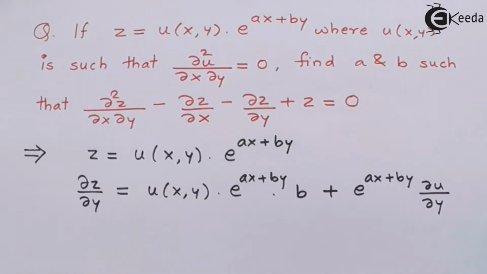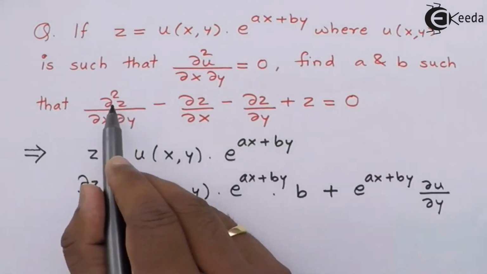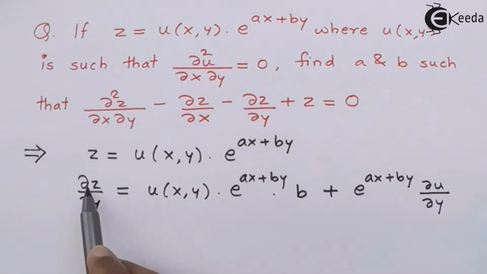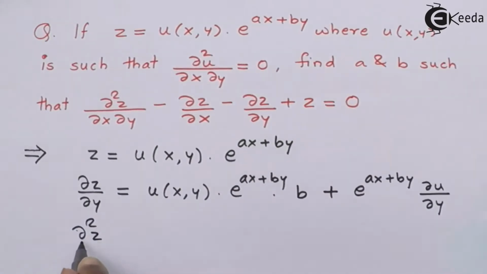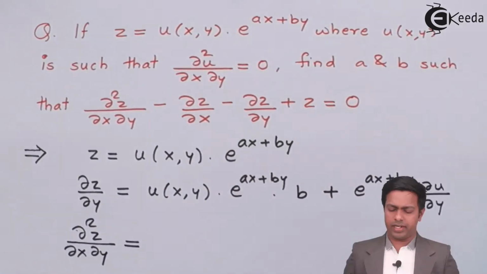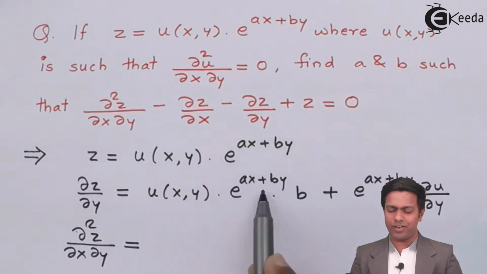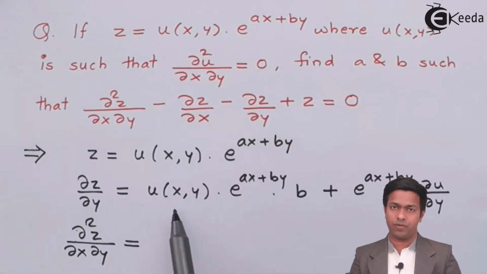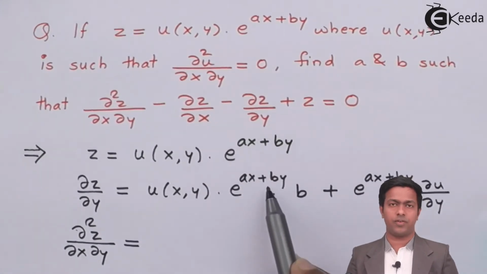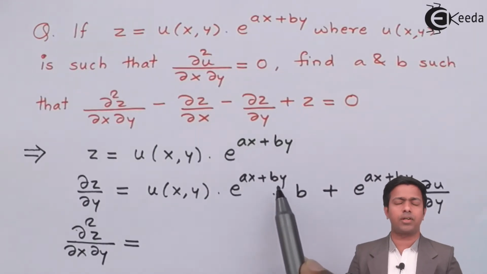Now this is the value of del z by del y. So now let's find out the value of del square z by del x del y, and for this we need to differentiate this partially again with respect to x. So we'll get, now guys, for that we need to differentiate the right hand side with respect to x as well. On the right hand side there are two functions. The first function is a function of x and the second function is also a function of x. So we need to again use the product rule of derivative.